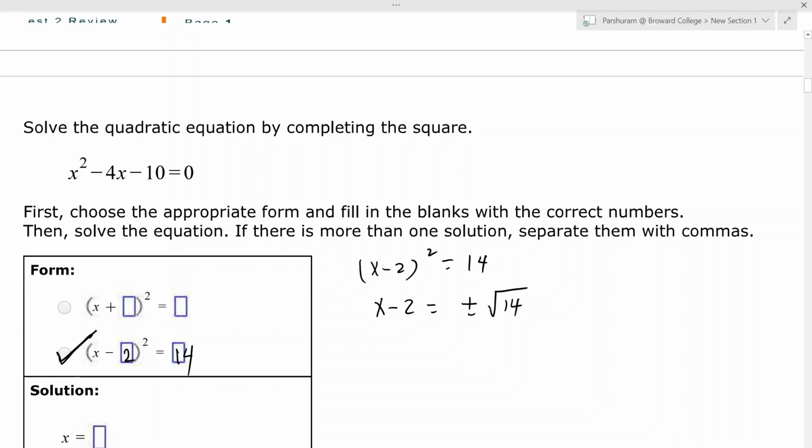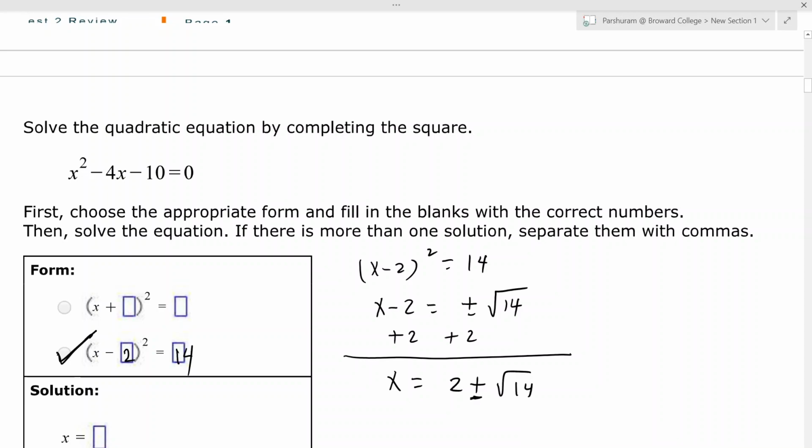Remember, we cannot simplify this square root of 14 anymore because the prime factors of 14 are 2 and 7. So there is nothing we can do. To find the value of x, we just have to bring this to the right side by adding 2. So that gives us x equals 2 plus or minus square root of 14.